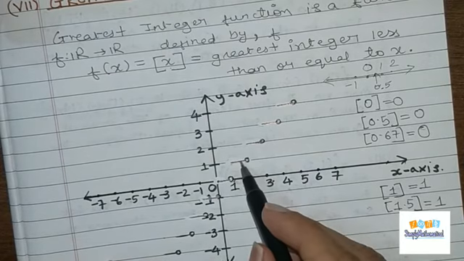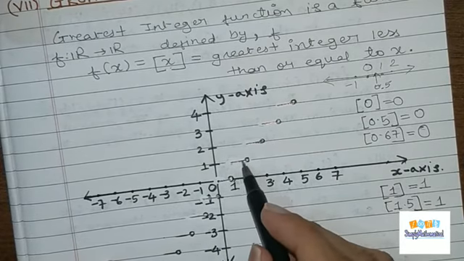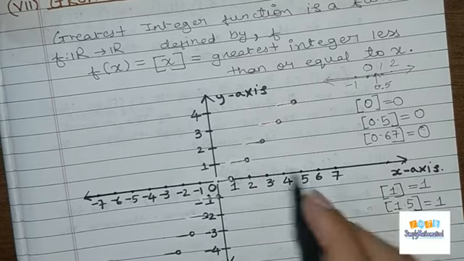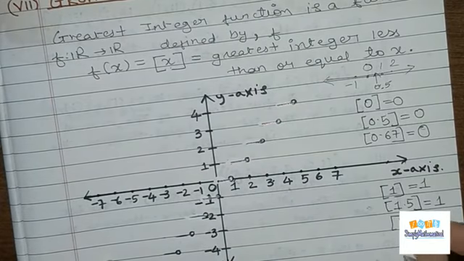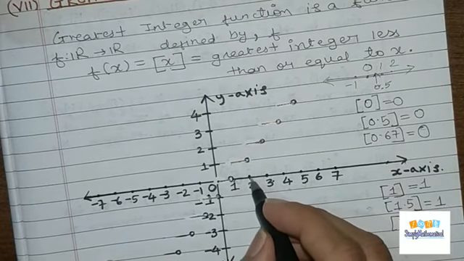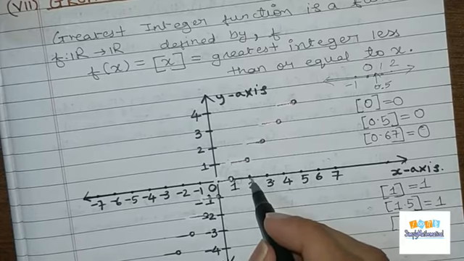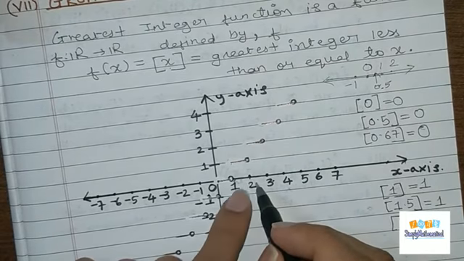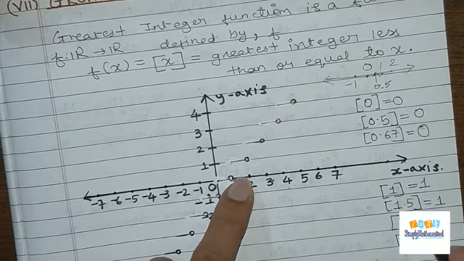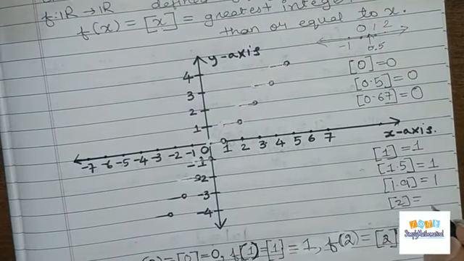So which is here? 1, the function value, that is y, that is 1. Now again 1.9, if we take the greatest integer which is less than or equal to 1.9, again we will get 1 only, right? So that is here. Now if we look at 2, what is the greatest integer which is less than or equal to 2?